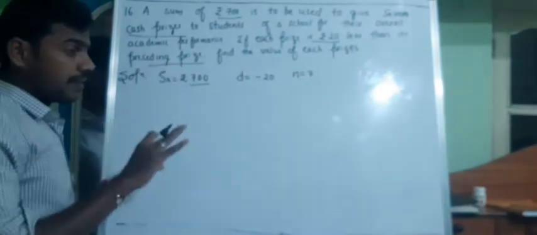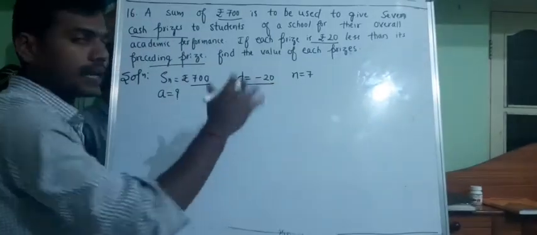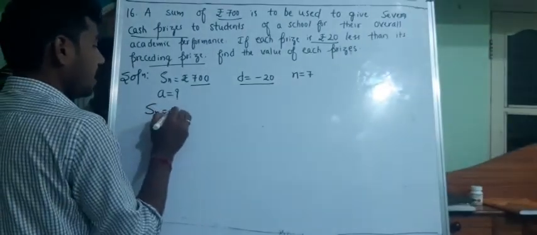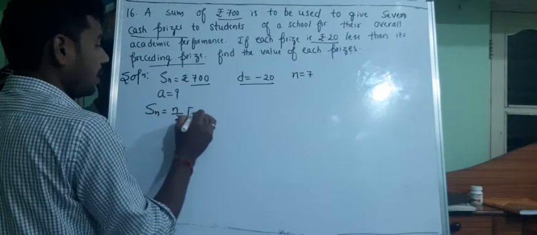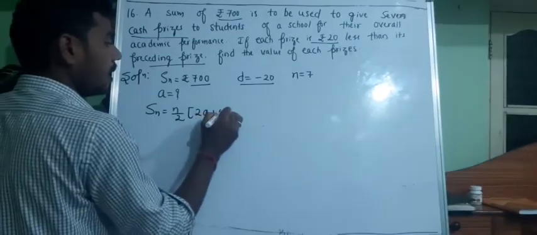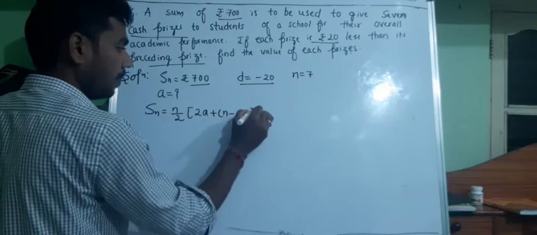To find them, what should I know? I should know A. If I know A, if I keep on adding D to it, I'll get the cash prizes. So now Sn is equal to N divided by 2 into 2A plus N minus 1 into D.